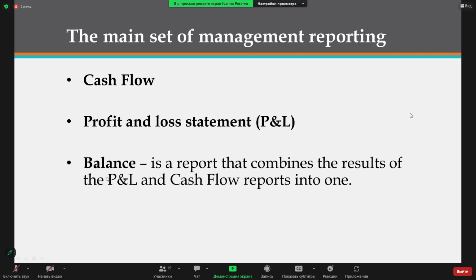Balance sheet helps to control the correctness of the accounting, directions of using your profit, receivables, and payables. If cash flow is conducted by almost all companies, then the management balance sheet is practically not used in small companies.